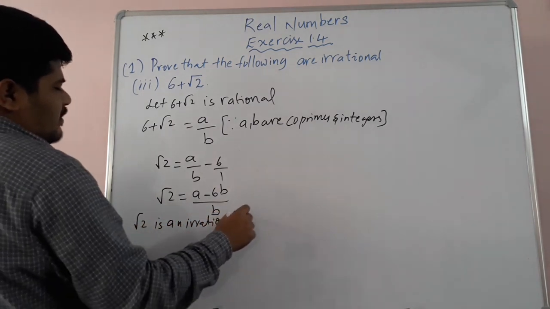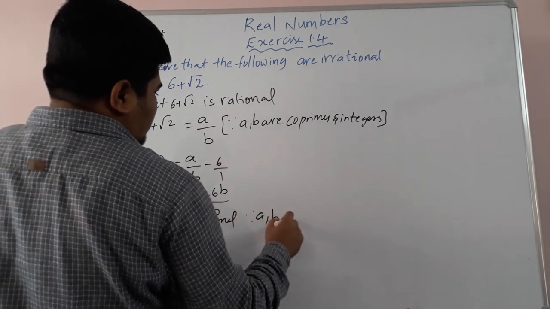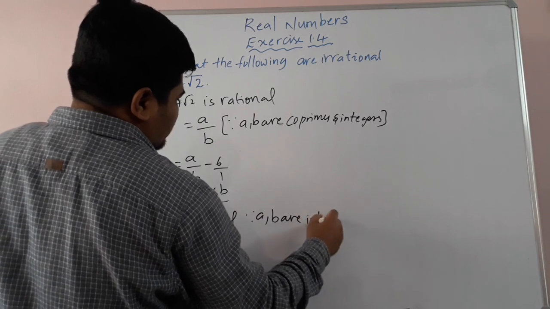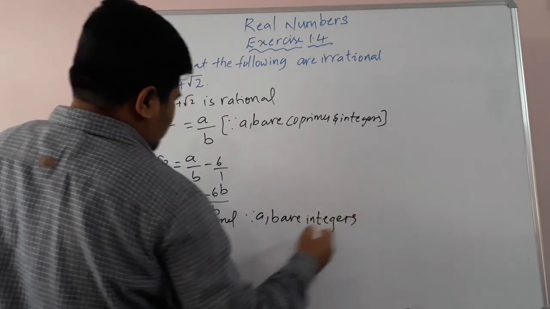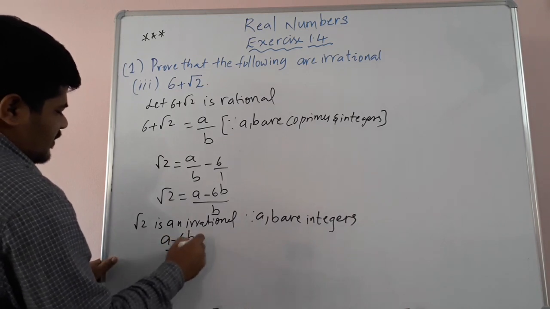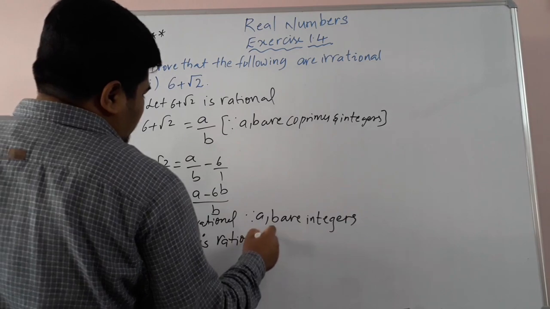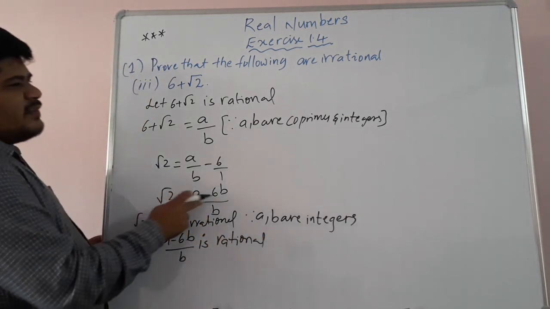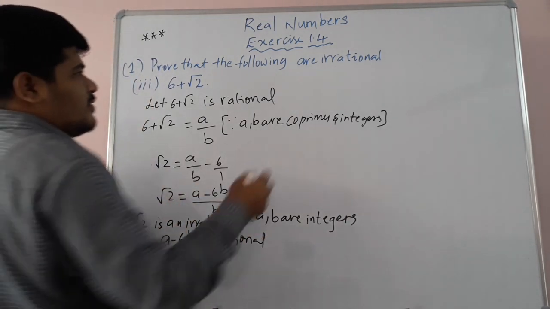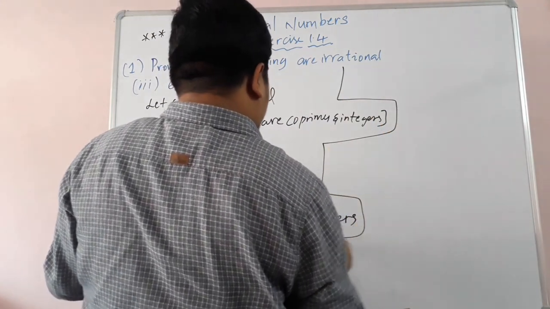Since a, b are integers, a minus 6b by b is rational. So what we got here, children, is an irrational number equal to a rational number.